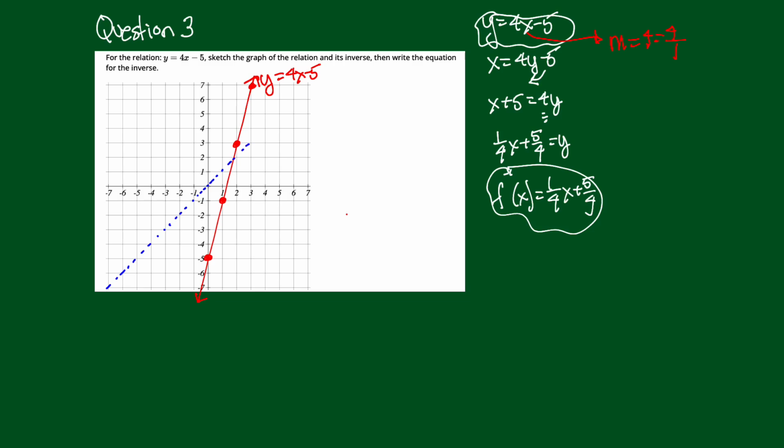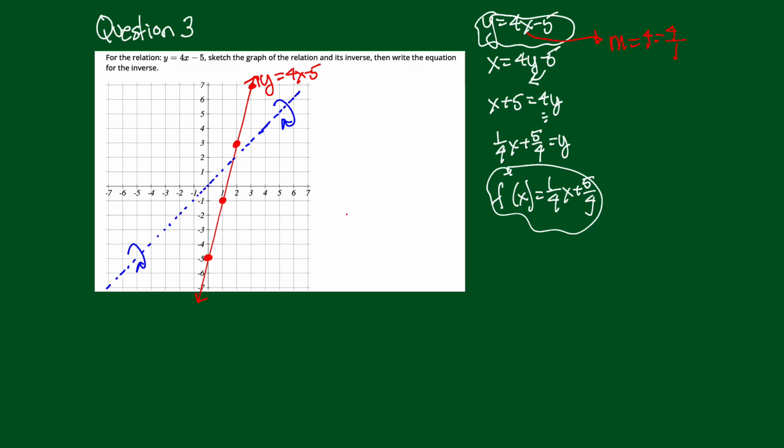That's the line y equals x, and then take this curve right here and rotate it around that line. So if I rotate that around the line like this, I'll get the graph of the inverse.